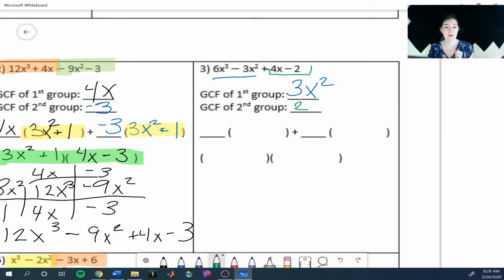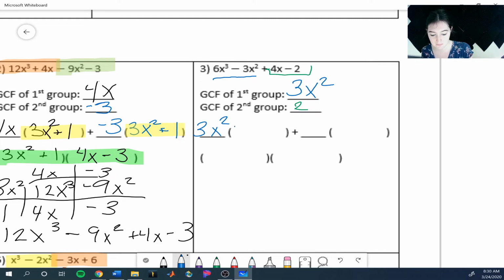That's it. Now that I have my GCFs, I've got to pull them in front and write what is left over in the parentheses. My first GCF was 3x squared, so that's going to go right here. Now, if I factor out 3x squared from 6x cubed minus 3x squared, what am I going to have left over? Remember, factoring is just dividing it out. So for 6x cubed, 6 divided by 3 is 2.